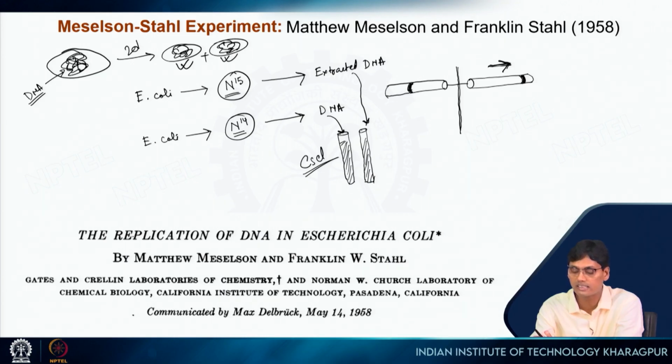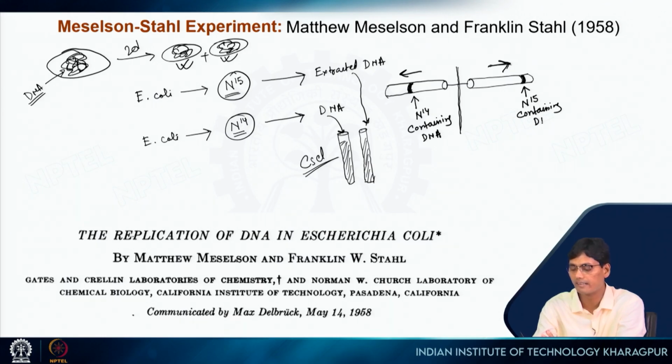Those are the same size tube. As you can see here, this is the centrifugal force. So they noticed that this is N14 containing DNA and this is N15 containing DNA.